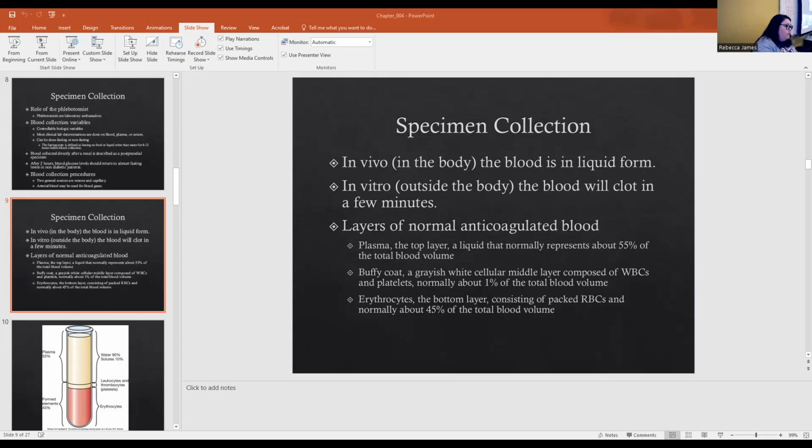So this right here is what? Serum. Yep. Okay. So they look the same, kind of are the same, except when you do not use an anticoagulant, you yield serum. And then when you do use an anticoagulant, it is plasma, all plasma.